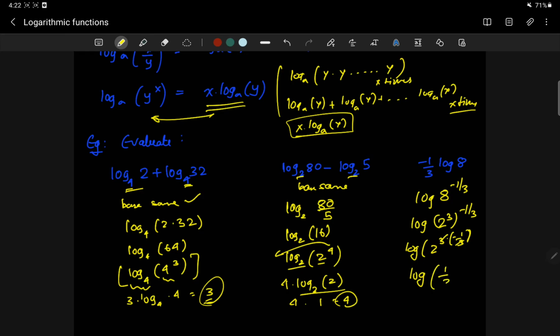And that's just log of 1/2 or negative log of 2. So either of those is okay, as long as you get rid of this. The only reason we get rid of this is because we already know that 8 is 2 cubed, which means that this thing can be simplified a little bit.